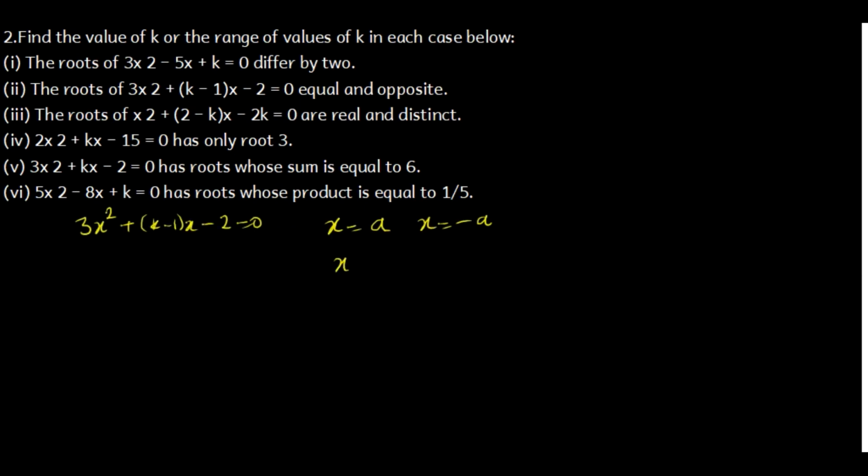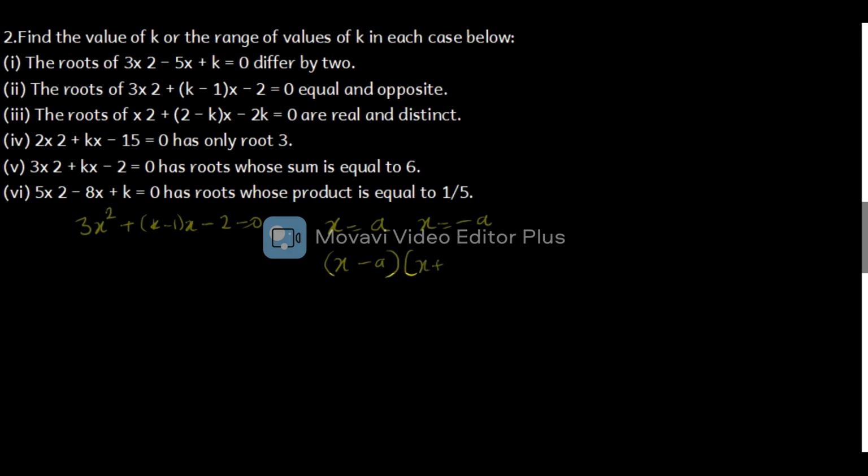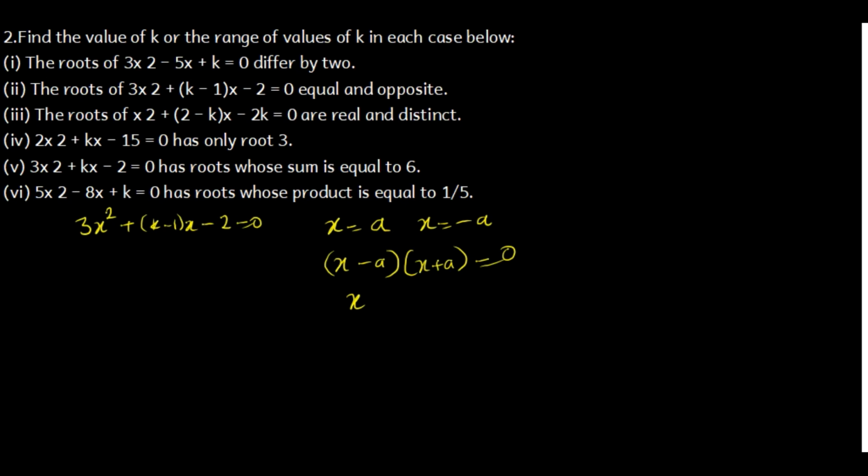So that means we had x minus a, and then x plus a, and that was equal to 0. In other words, what we had is a difference of two squares. So a difference of two squares, if we expand this is going to give us x times x, that would be x squared minus a squared being equal to 0.